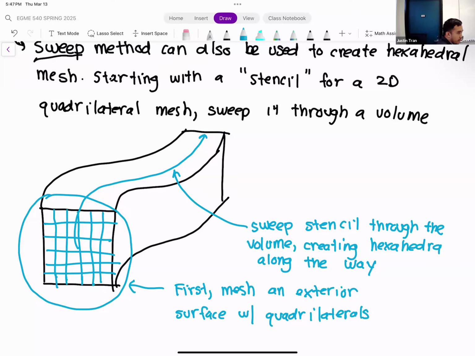Okay, so the way this works in ANSYS is that you have to define what's going to be your starting face, and you have to define where the target faces are going to be. So basically, the sweep is going to go from the source face to the target face.